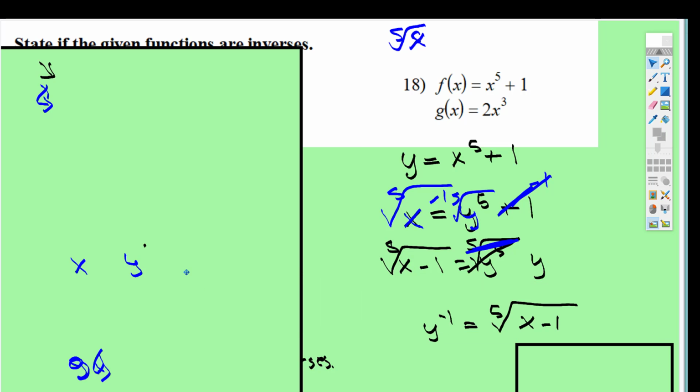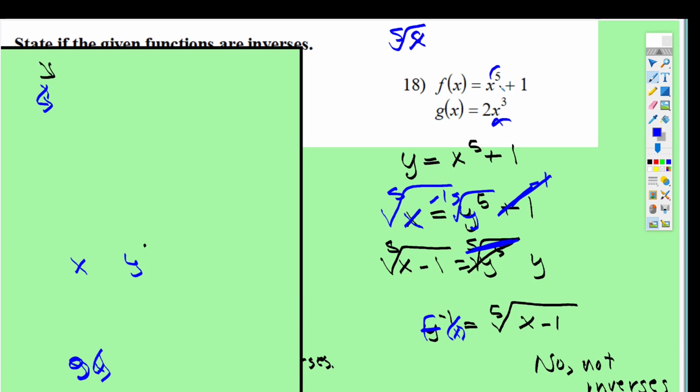So notice the inverse of f, so f to the raised -1 of x is the 5th root of the expression x subtract 1. Is that the same as this? No. But you could have actually saved the time. You could just circle those and just tell me a cube root is not the inverse of a 5th root. All right?